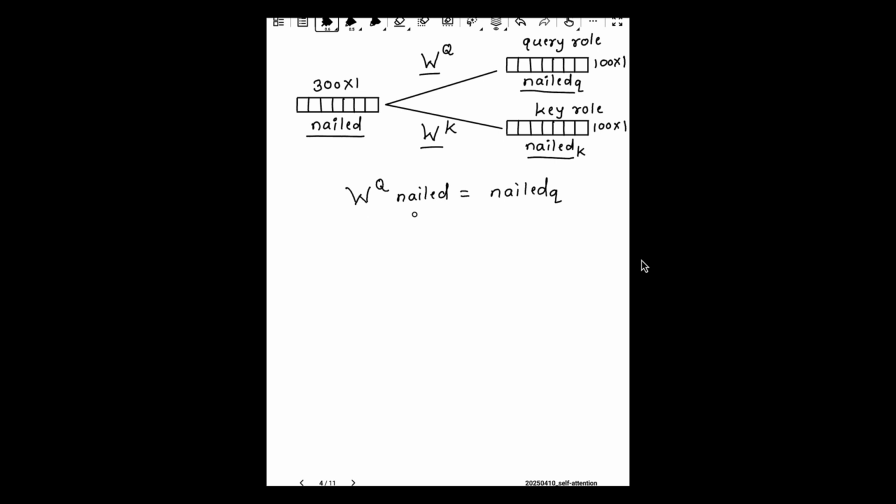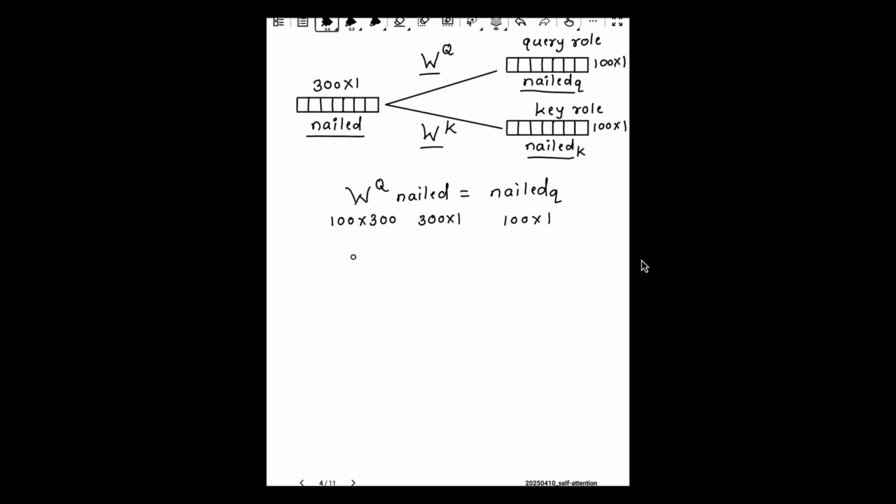And we want this query representation to be 100 by 1, and key representation to be 100 by 1. Then WQ is going to be 100 by 300. Our original representation of nailed is 300 by 1. So dimensionality of nailed Q is going to be 100 by 1, and that's what we want.